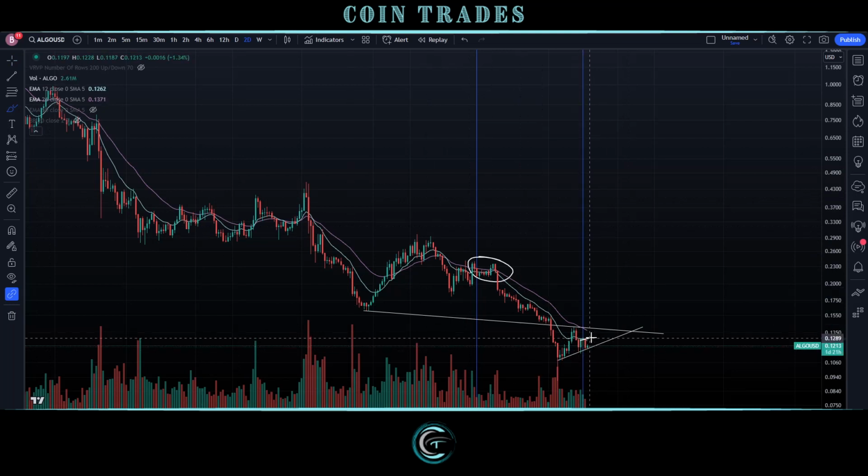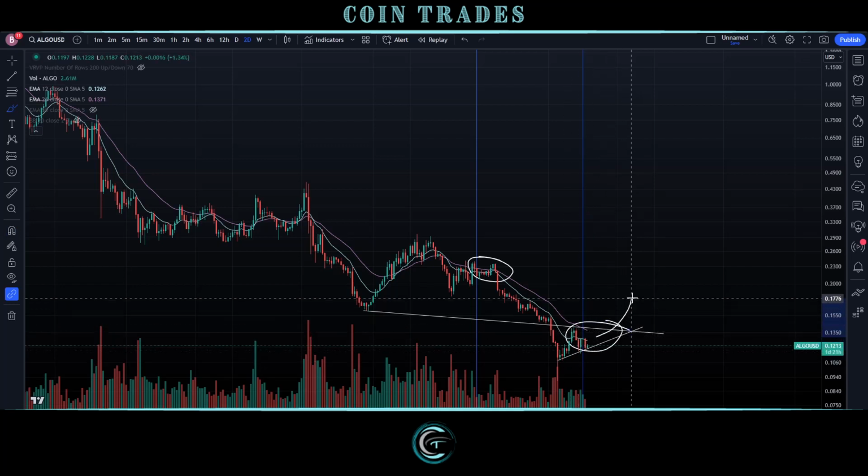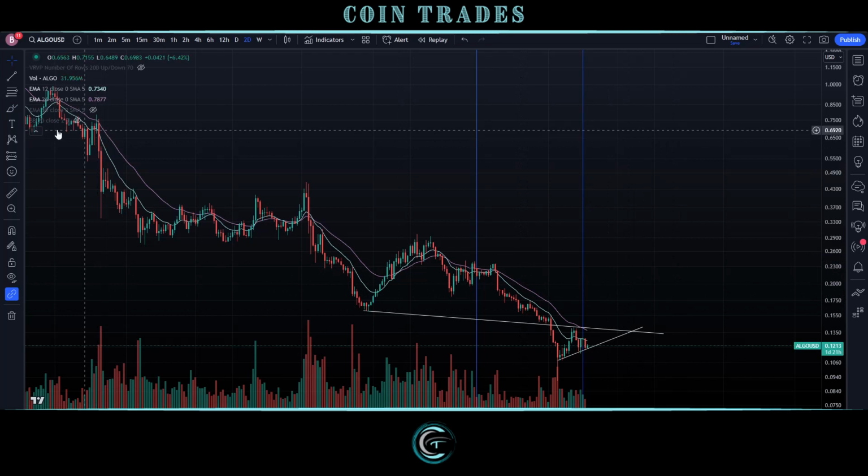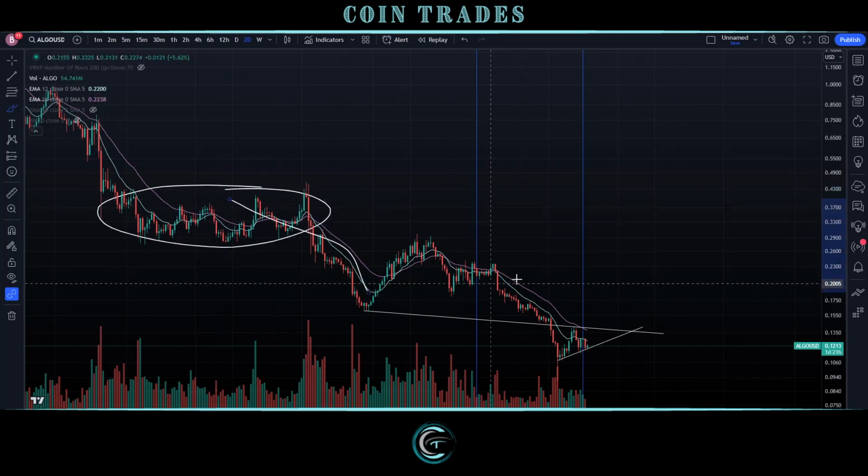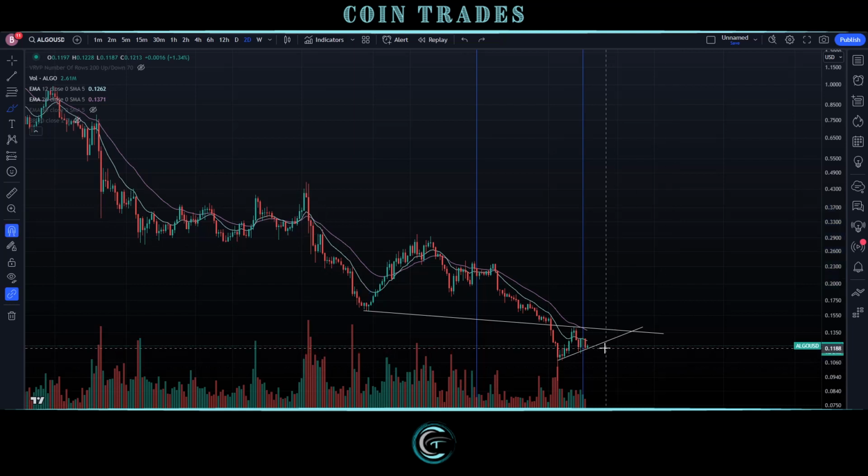Again, this doesn't always have to be a bearish breakout, but we do need to see that volume and a lot of good reason to believe that money is going to be flowing into this Algorand space in order to get any sort of bullish reversal and movement to the upside. Otherwise, overall interest is still going to remain low, and it's very probable that the downtrend is going to continue unless we get some crazy type of reversal for the rest of the altcoin space.